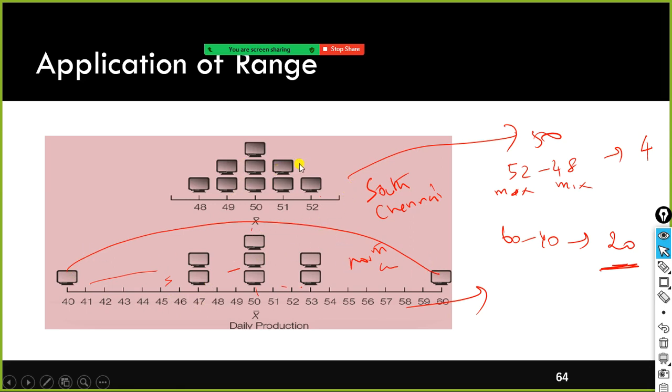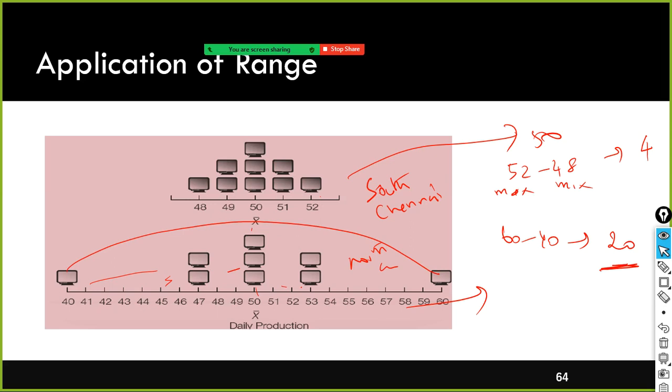Using range, we can identify the width of the data. We can find out the spread of the data. It is also helpful to understand how consistent the data is. But the challenge with this is, if you have an outlier, it takes the outliers into account also.